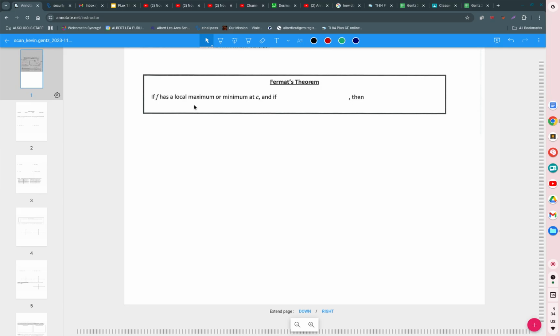Fermat, great mathematician. We won't go into his world or his mind. But he basically said this: if f has a local maximum or minimum at point c, and if the derivative exists, then we can say something important, and that is the derivative is equal to 0.